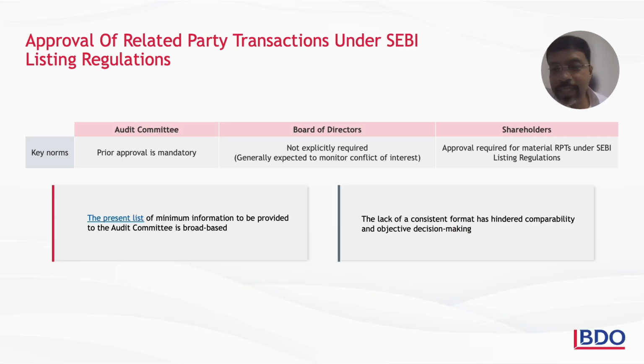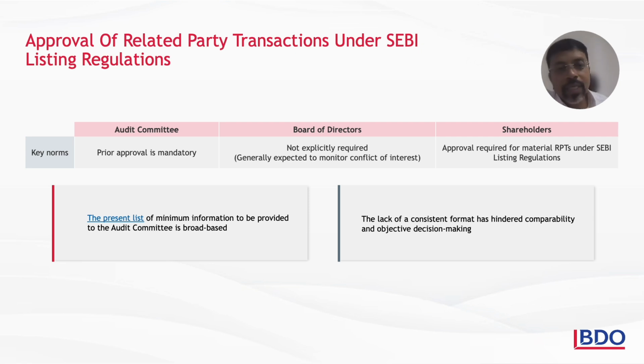So, what is the present landscape on the approval of related party transactions? The SEBI LODR requires prior approval for related party transactions from the audit committee, and in case they are material RPTs, it requires approval from shareholders as well.